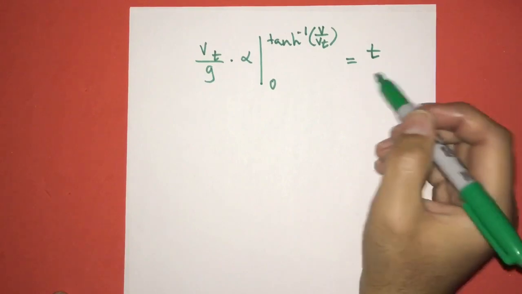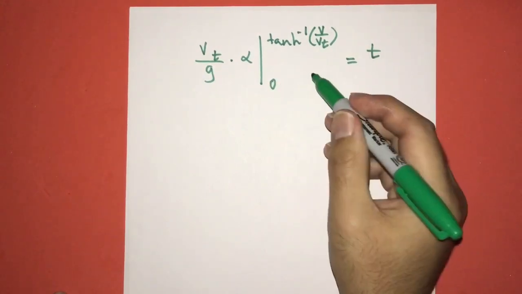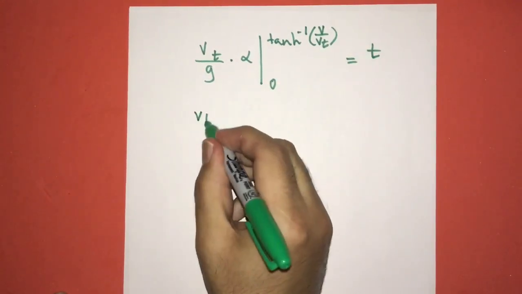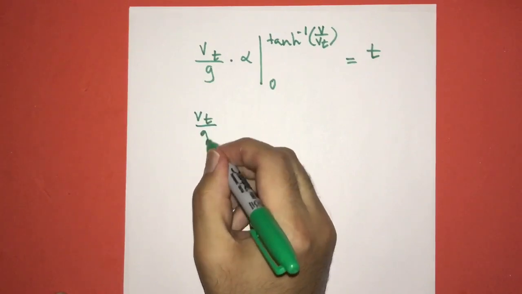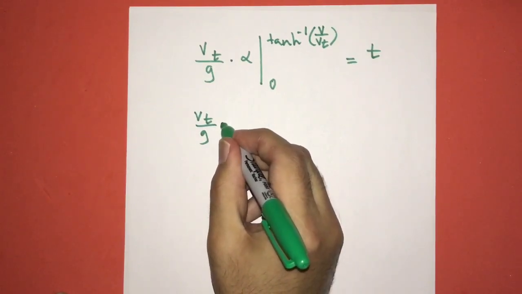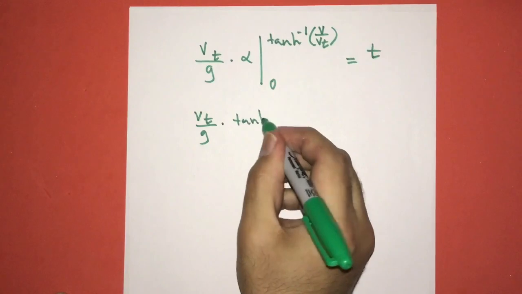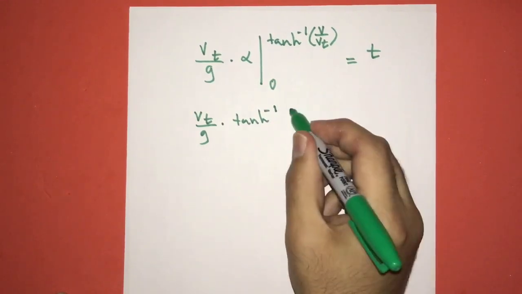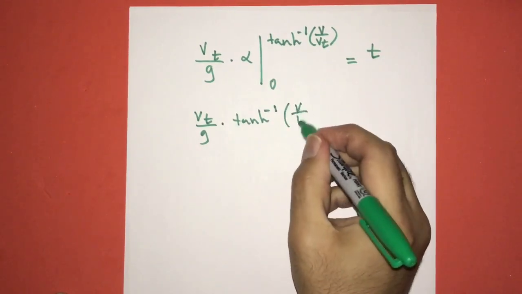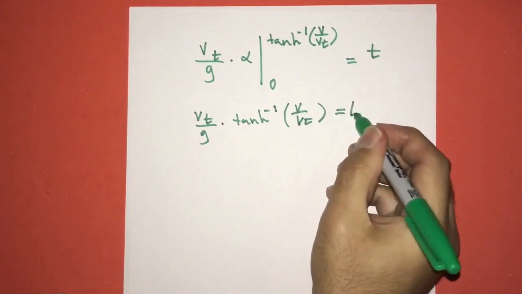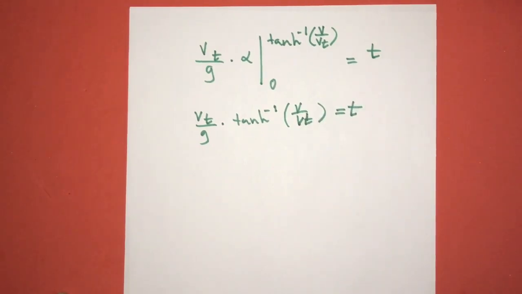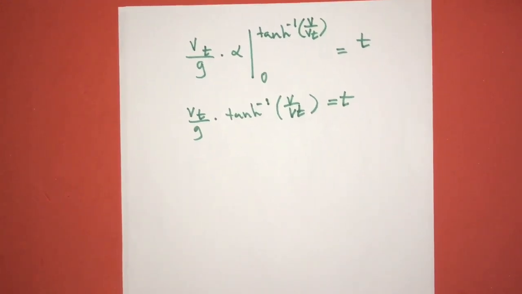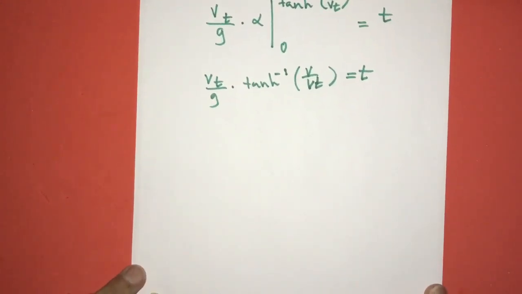When we substitute that in, we get terminal velocity over gravity times the hyperbolic tangent inverse of v over vt, and that equals our time, and we're almost there.